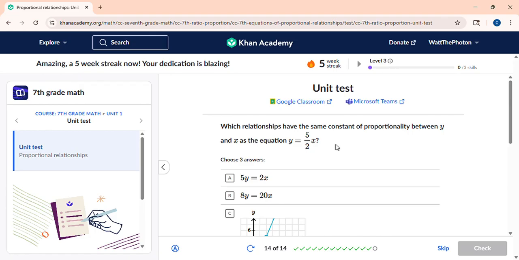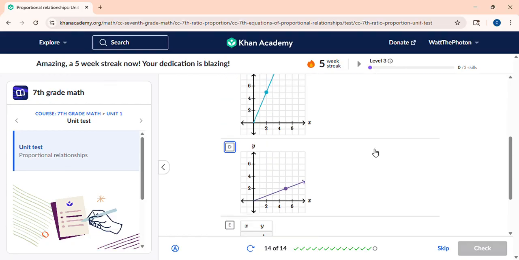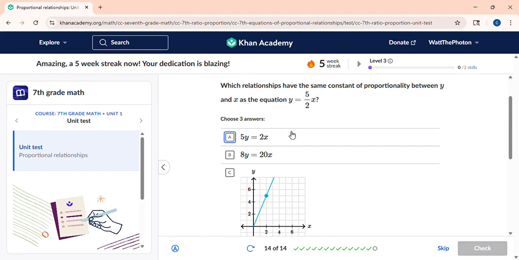Which relationship has the same constant of proportionality between y and x as the equation y equals 5 over 2x? So if we multiply, that would be right, wouldn't it? Let's see. No, I don't think that'd be right. Because if you multiply, you have to multiply each side by 2, so it'd be 5x is equal to 2y. 8 divided by 20.